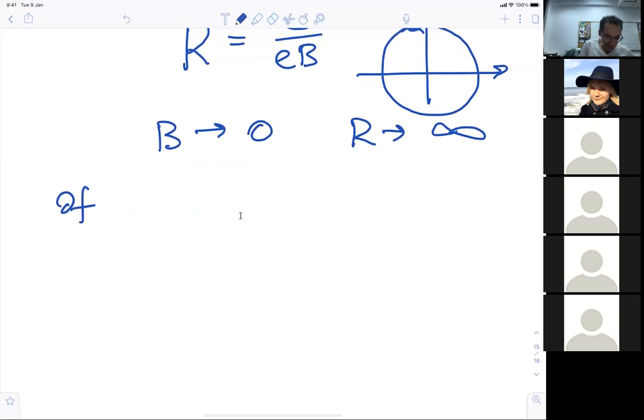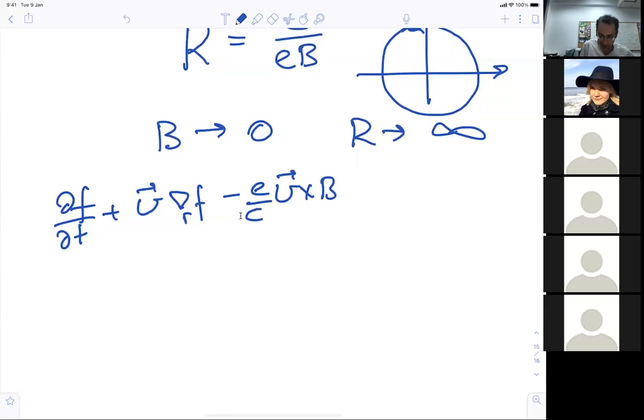So Boltzmann equation: df over dt plus V grad F, this is the grad in the real space, minus e over c V cross B, grad in the K space of the distribution function, minus e times E, grad K acting on the distribution function.